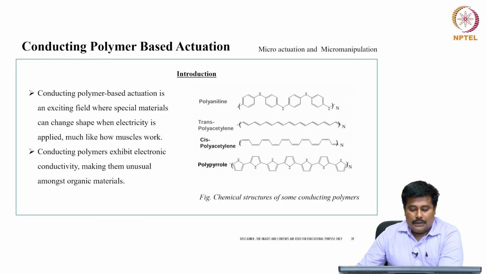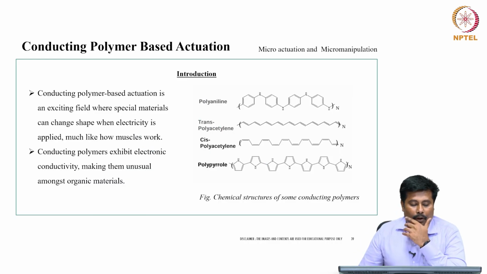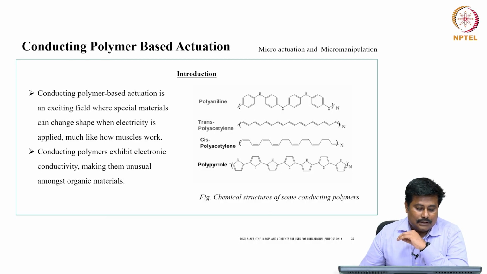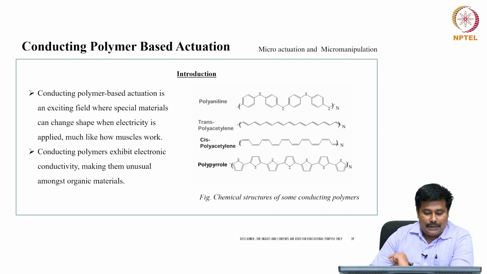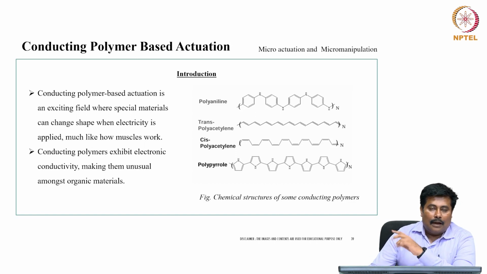Now, let me introduce you to conducting polymer based actuation. This is an exciting field where a special material can change shape when electricity is applied. It almost works like a muscle. In the case of a conducting polymer, it exhibits electronic conductivity, making it unusual amongst organic materials.